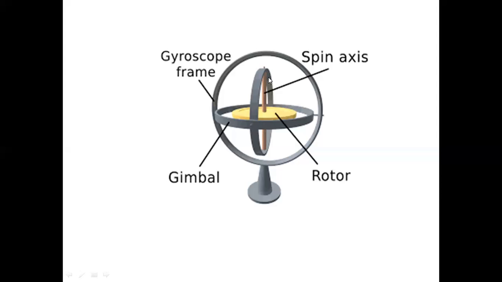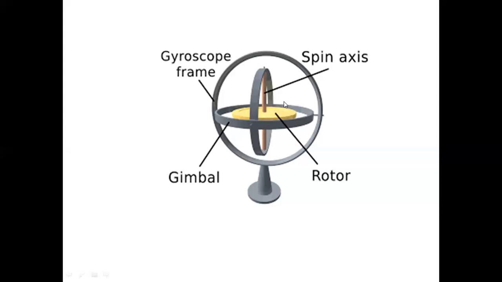So now if I am looking at the spin axis, it is say along the y direction. Now if I am looking along this direction, that is the axis where the gimbal is connected, it is say along z direction, that is in a direction perpendicular to this paper or computer.